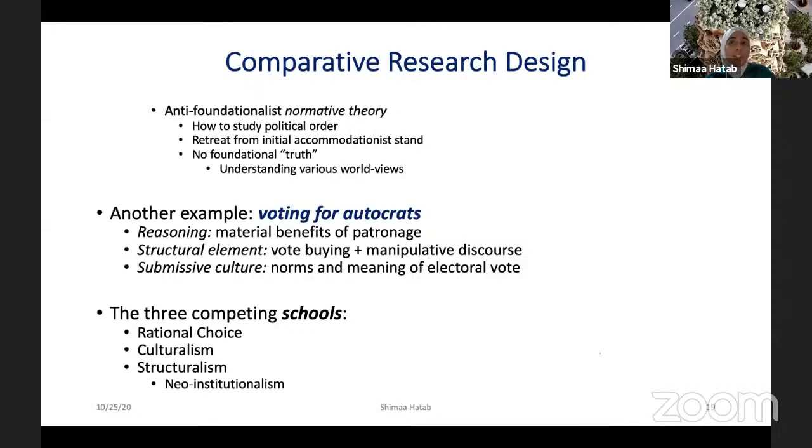And then culturalists represent these interpretivist traditions, and some sort in between, like structuralism, how they can gather or draw together some elements, and then neo-institutionalism as a hybrid tradition. It actually entails the three traditions.